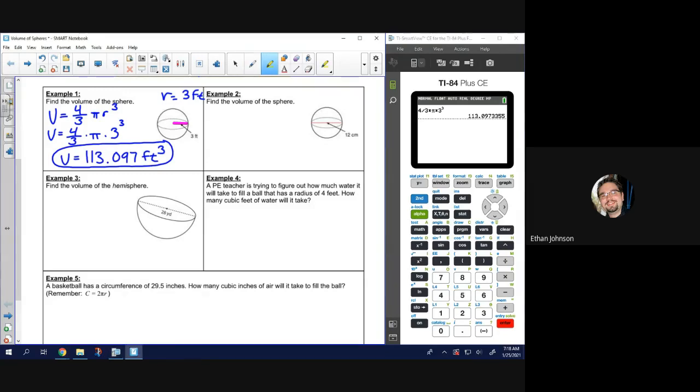Okay, let's learn example 2. In example 2, the length that I have goes the whole entire length. So that tells me I have a diameter in this problem. I don't want a diameter, I want a radius. So like I said before, our radius is half of the diameter, so 12 divided by 2 gives me 6 centimeters.